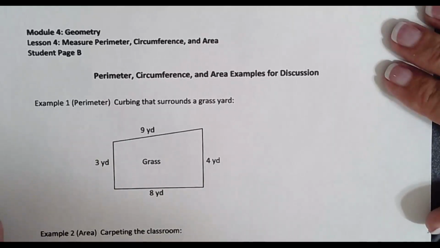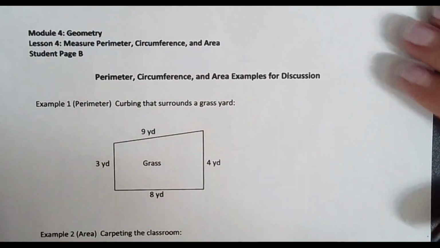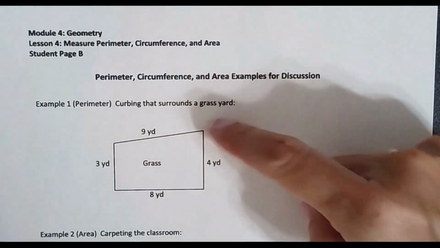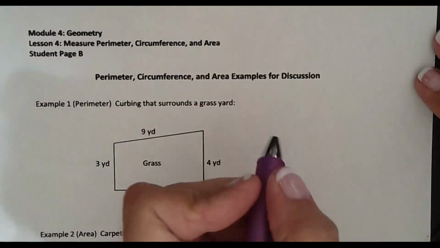I always remember perimeter from Cops and Robbers shows. We have the perimeter of the building surrounded. So perimeter is always the distance around the outside.